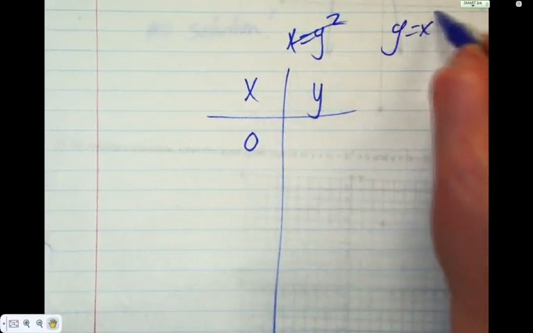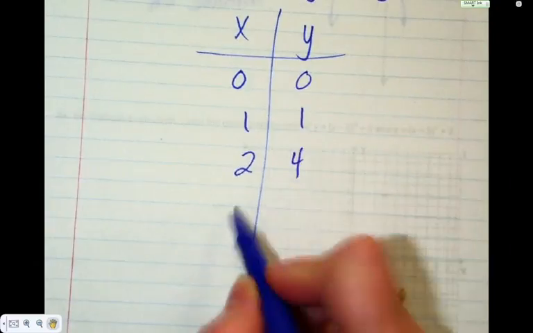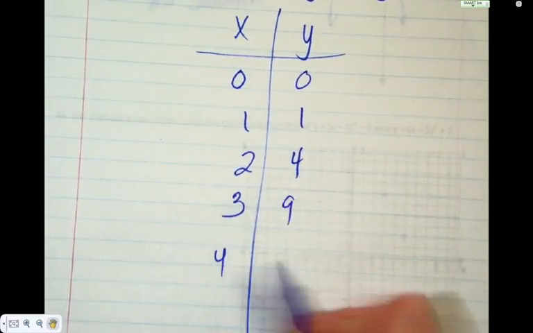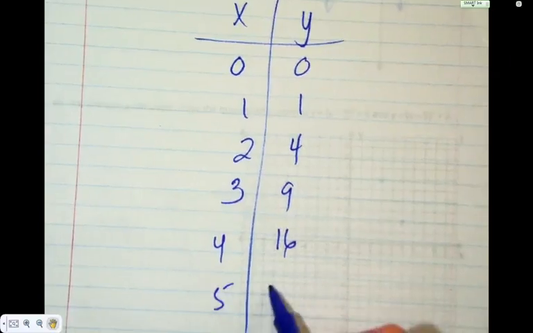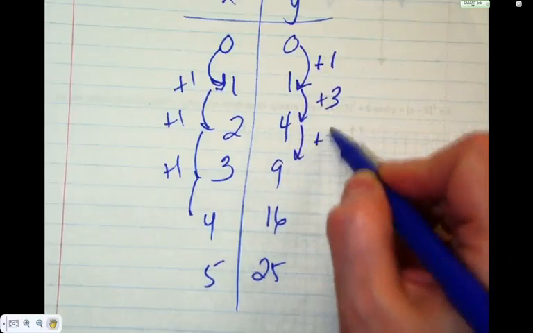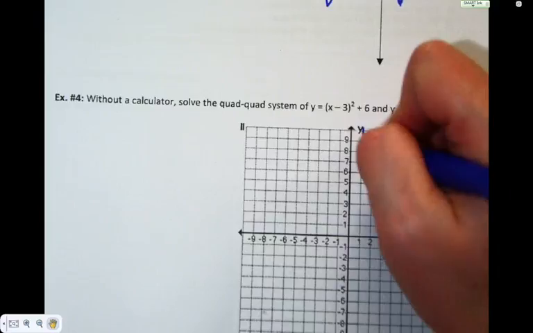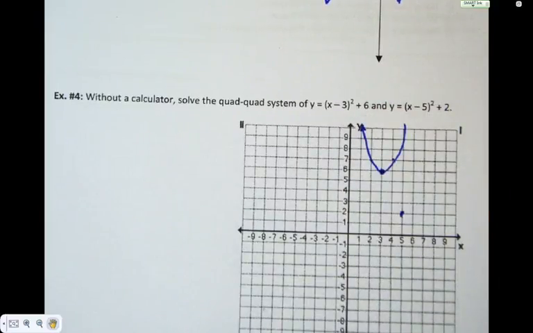Oh, I meant y equals x squared. But that's why we move over what we move, because it's a difference of 1 for every x.